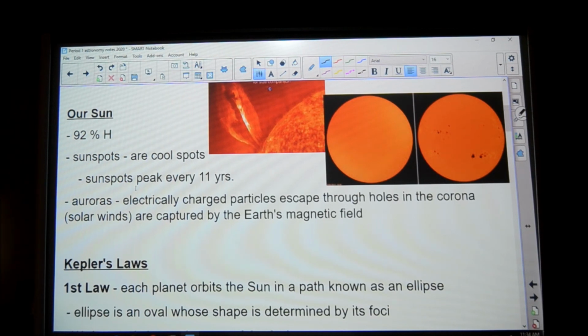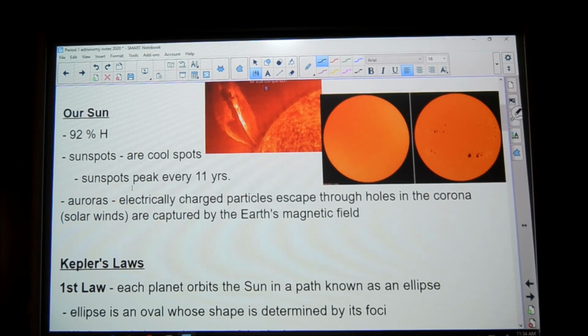In the photo on the right-hand side, you see the dark spots, they're sunspots. They're actually not hot but cool spots, and they're in a cycle that peaks every 11 years. Sunspots actually cause issues with communication devices.